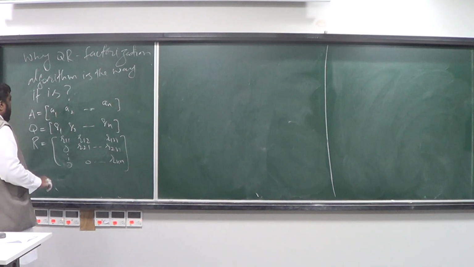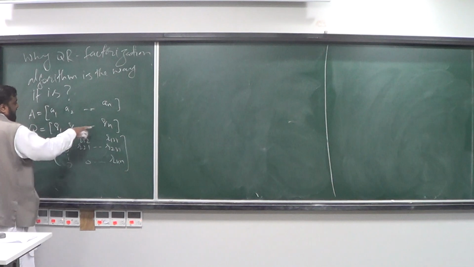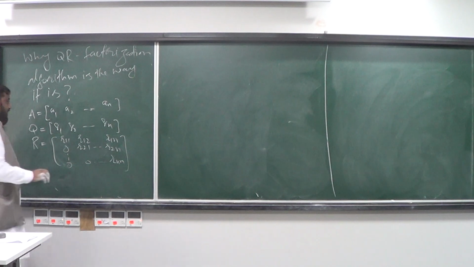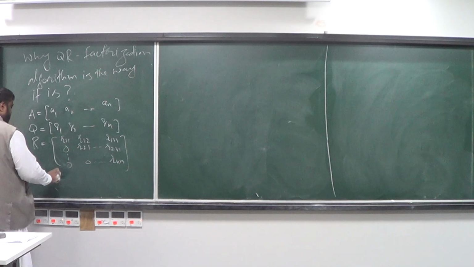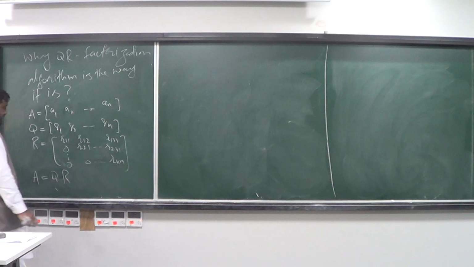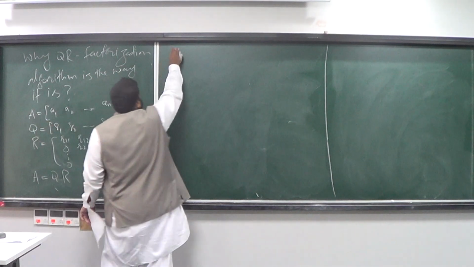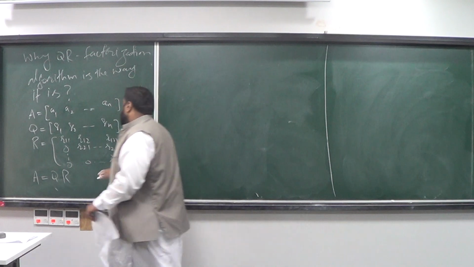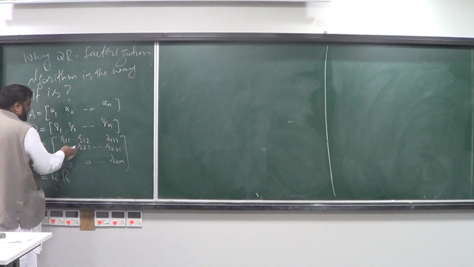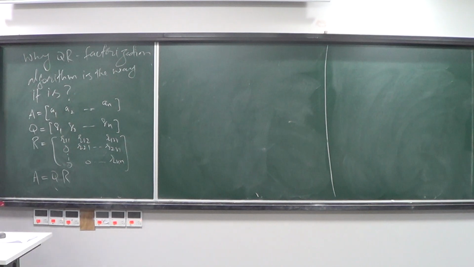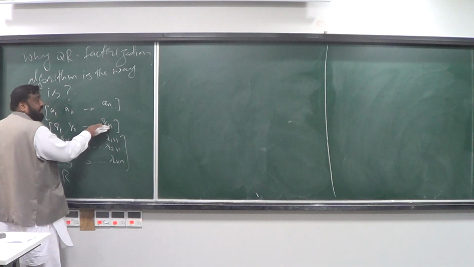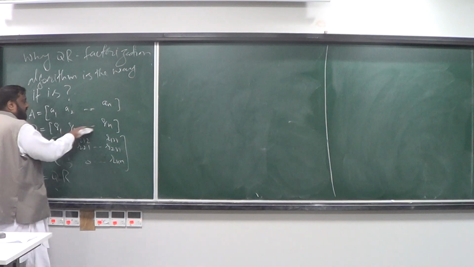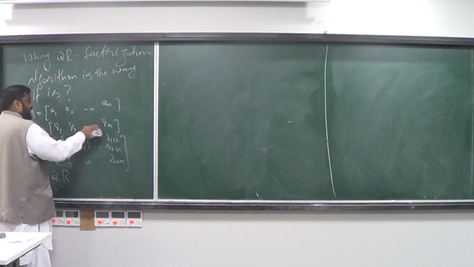The key thing is to find the values of the vectors Q and the values of R using the A vectors. Now, if my A is equal to QR, then by multiplying the matrix Q with R, you take this set of vectors and multiply with the first column, then the second column, then the third column.